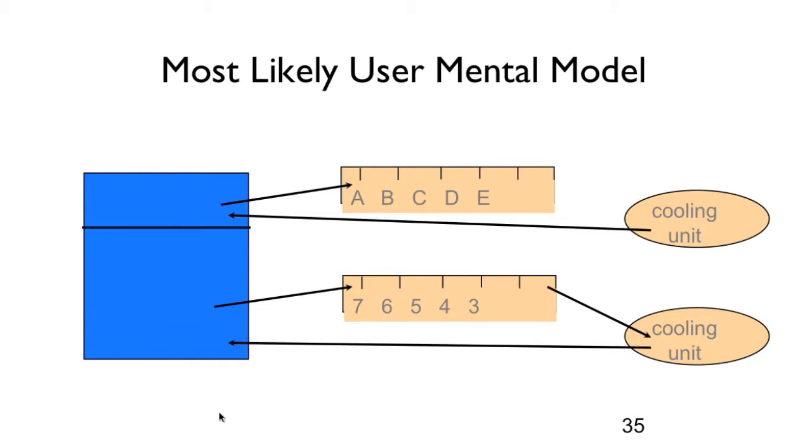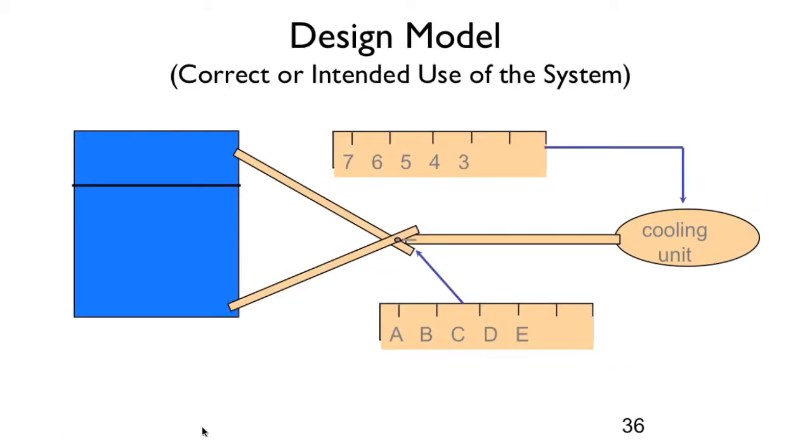Because actually, this was how it worked. You basically had a single cooling unit that was cooling the whole system. And then you had a kind of lever here that would change the ratio of cooling between the freezer and the drawer below.